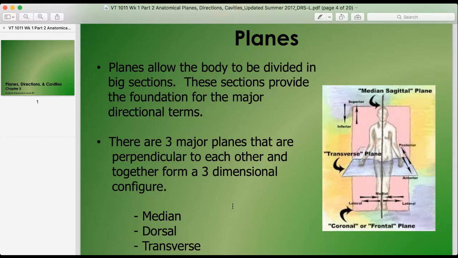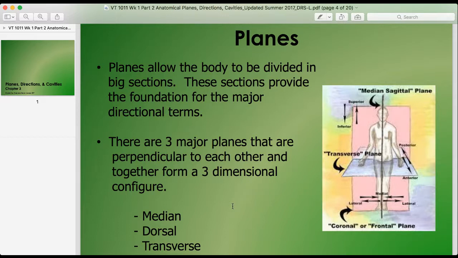So planes, P-L-A-N-E-S, are not the items that fly in the sky, but planes of reference that we, in a sense, cut the body apart with these invisible planes. So they create sections that provide the foundation for other major directional terms.